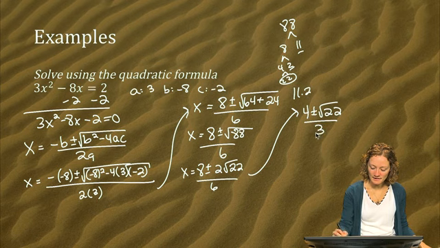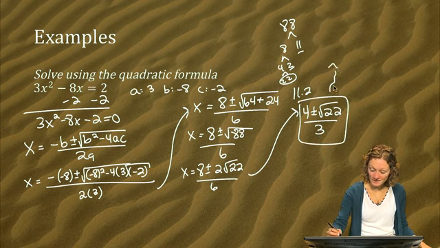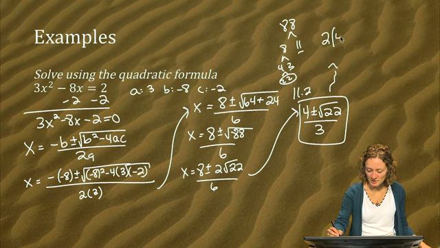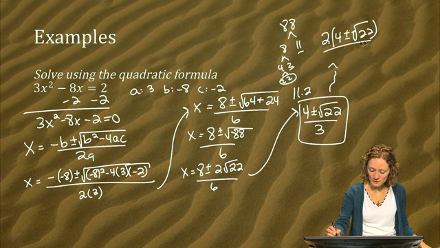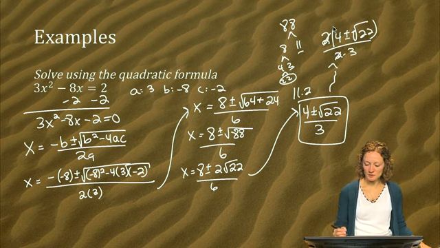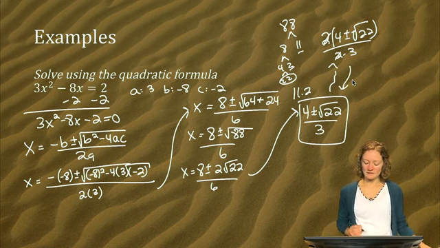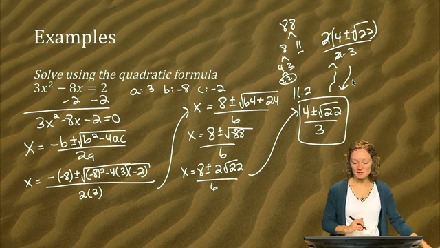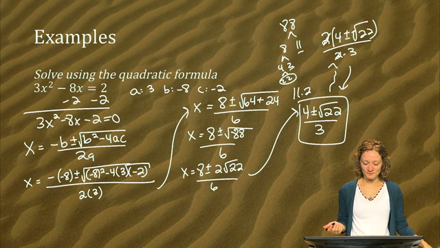I'll write that line, but ultimately this is what it would simplify to. If you wanted to see a previous line, you could say, sure, we factored a 2 out of the numerator, and 6 is 2 times 3, so cancel those out, and that's how we get 4 plus or minus the square root of 22 over 3.